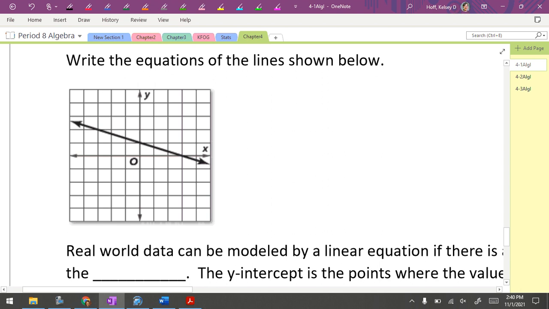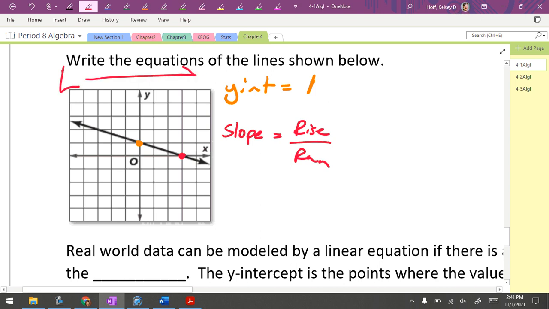One on the left, what is my y-intercept? +1. My y-intercept is at +1. Now, find another point, preferably to the right of your y-intercept. I would say here your x-intercept, yes? Yeah.